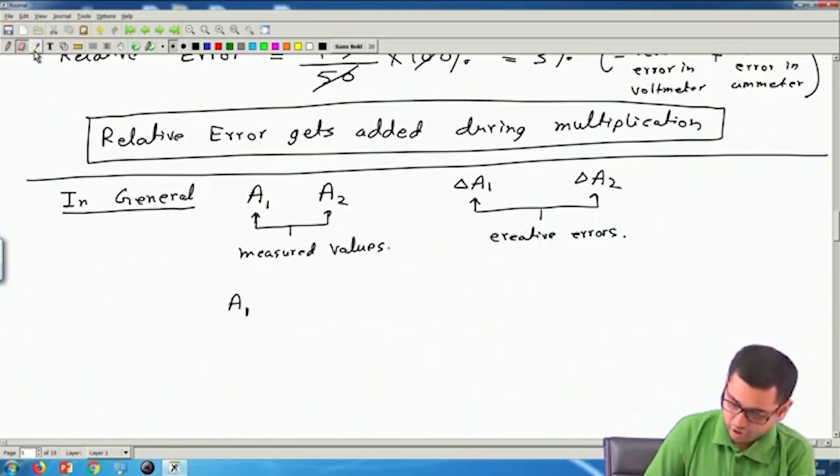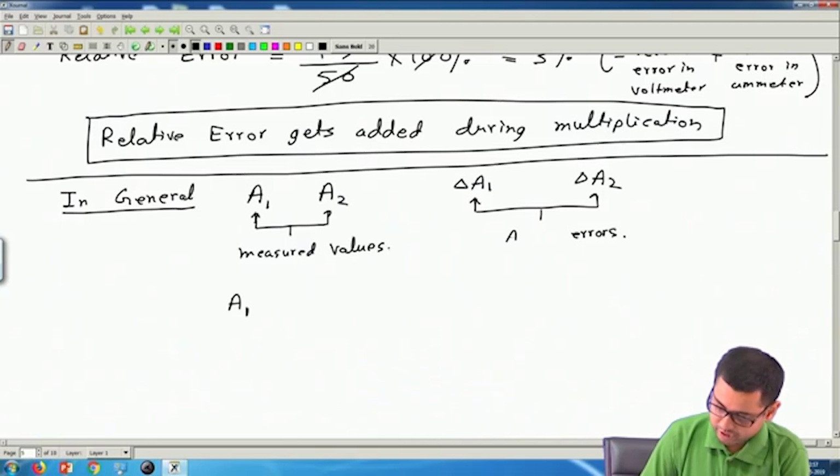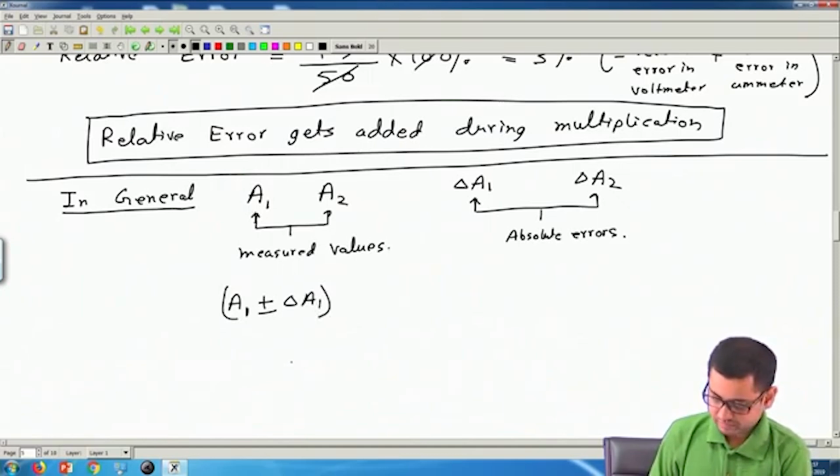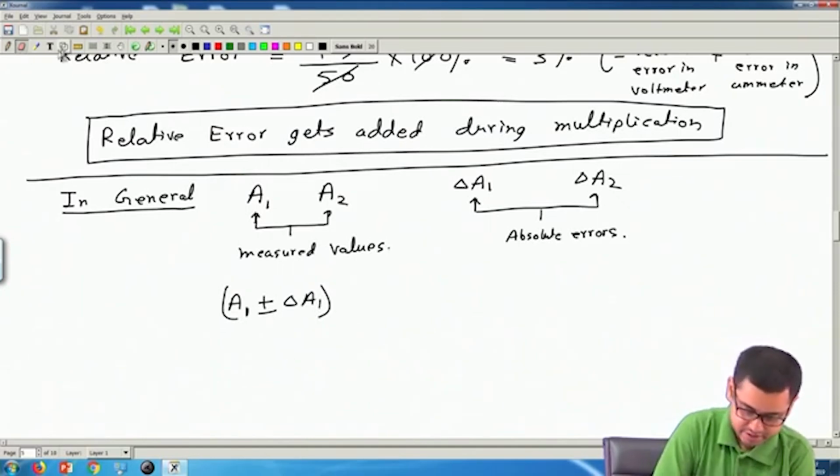Sorry, let me call these absolute errors. Then the true value of A1 will be A1 plus or minus delta A1. So this is the true value of the first quantity. Okay, let me make a table.